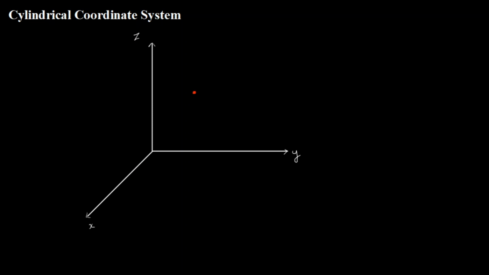So, let any point P be somewhere here. First, I drop a perpendicular from this point P to the nearest plane. In this case, I have considered point P on positive values of x, y, z. When I drop a perpendicular, it is going to drop onto the xy plane.